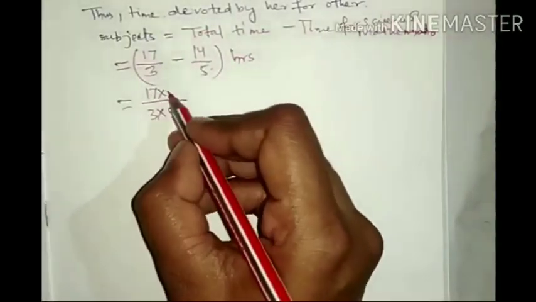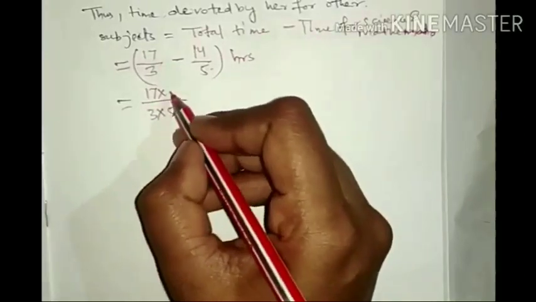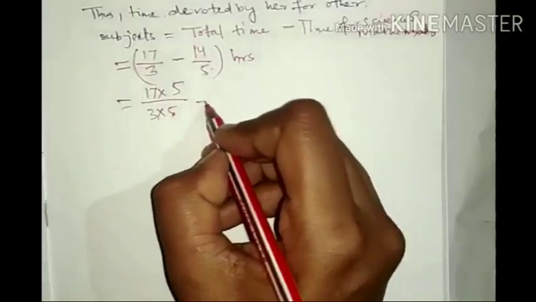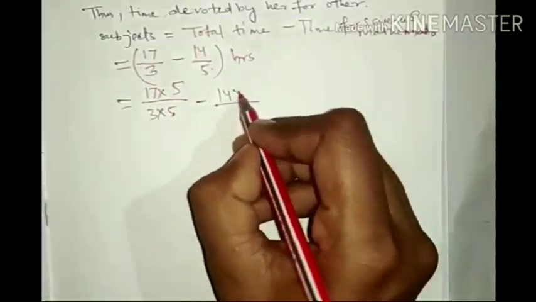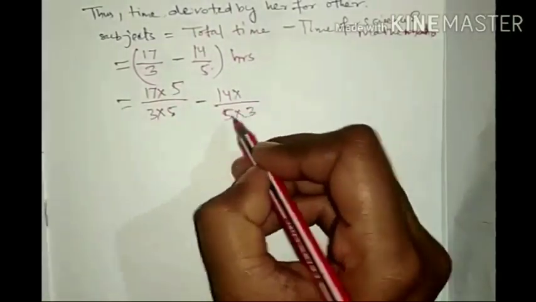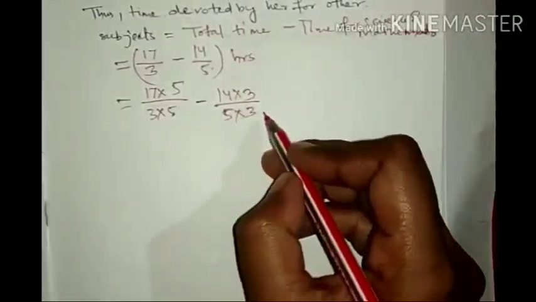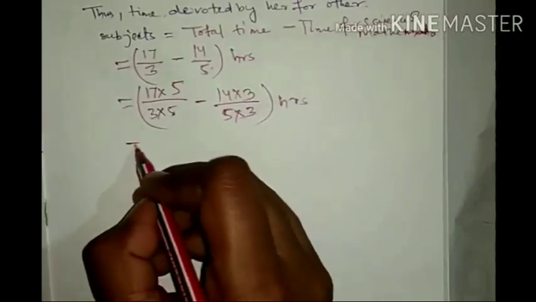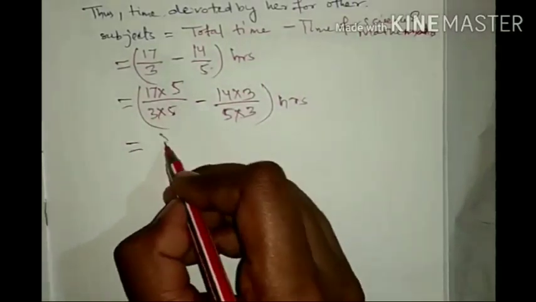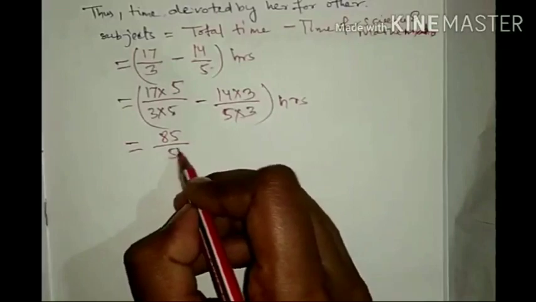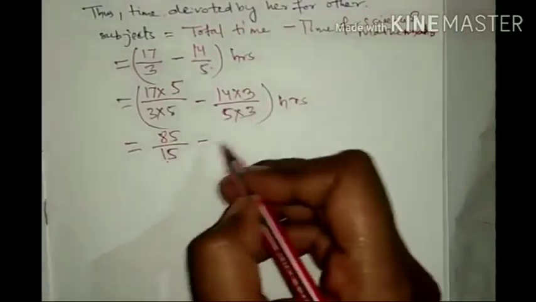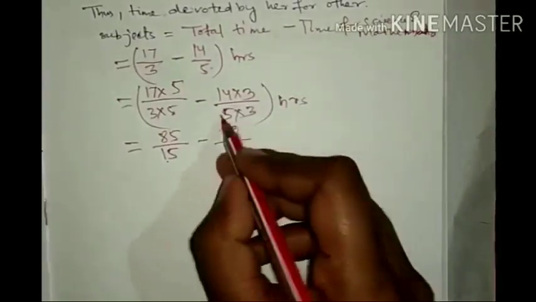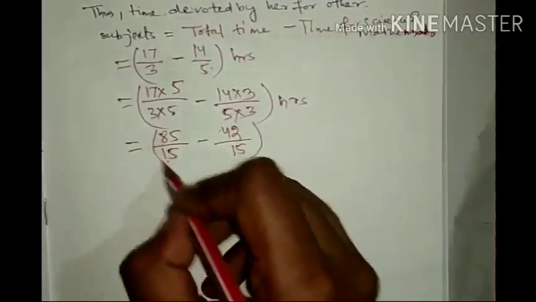We multiplied 5 to the denominator, so we multiply 5 to the numerator. Minus 14 into 3 over 5 into 3. What are you getting? 17 fives are 85, 3 fives are 15: 85/15. Then 14 threes are 42, 5 threes are 15 hours.